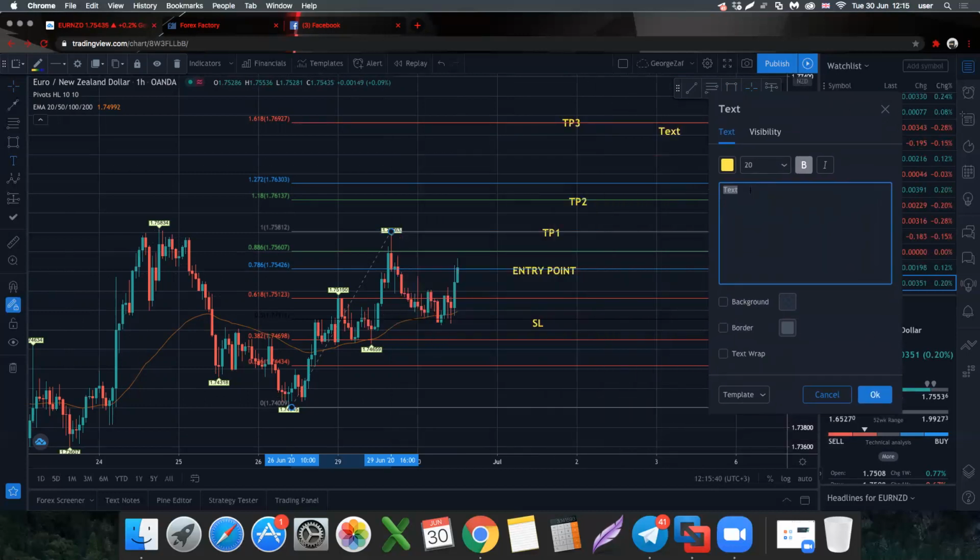So stop loss at this level, it's 1.74911. TP1 at 1.75812.